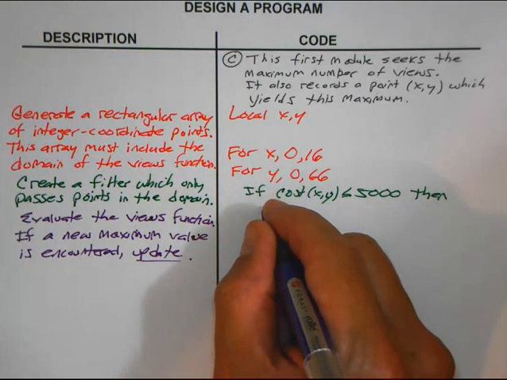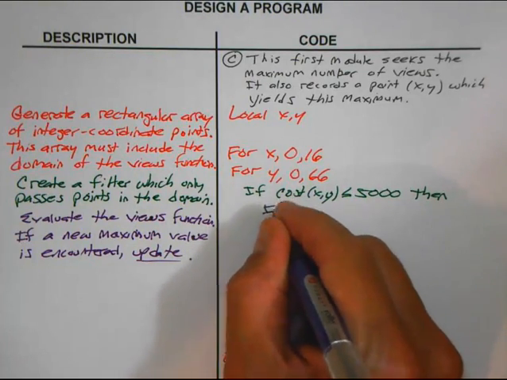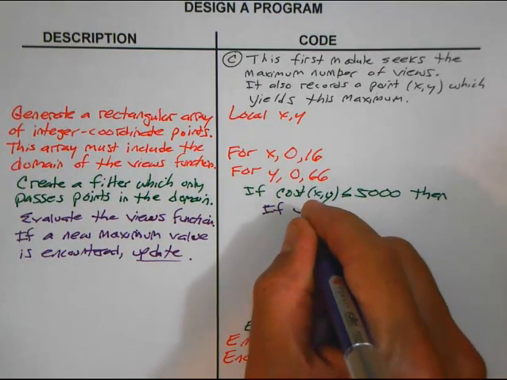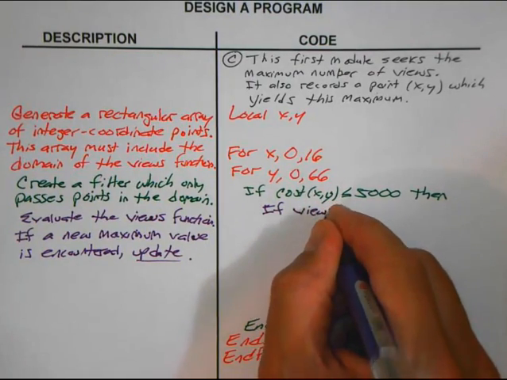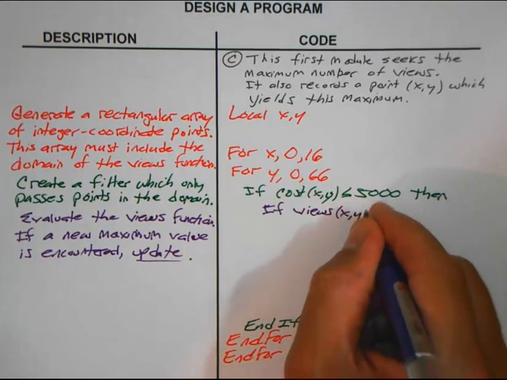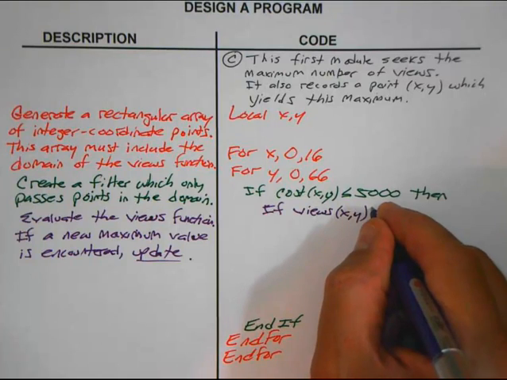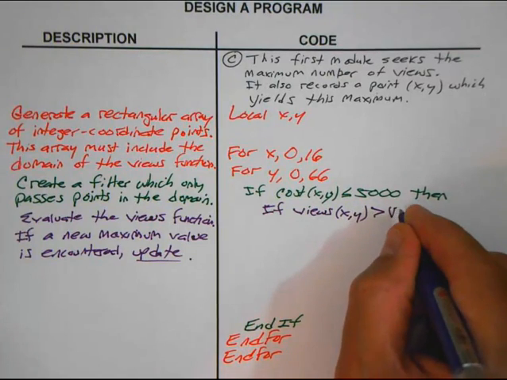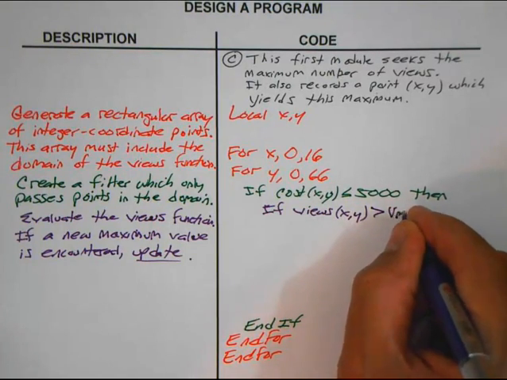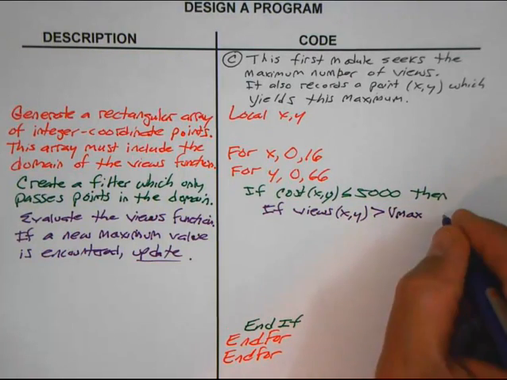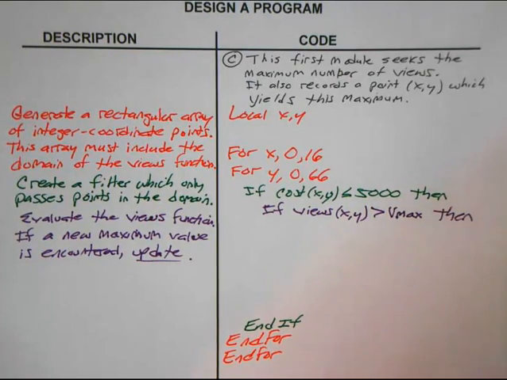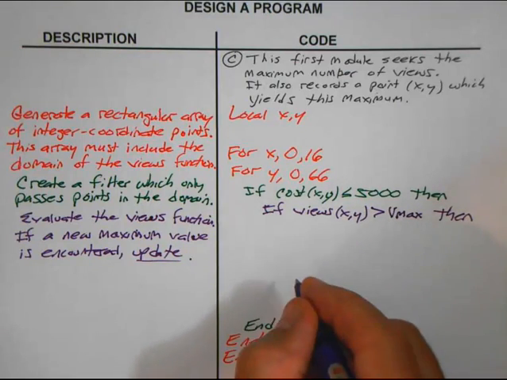We could say something like this: if views at x, y is greater than the current maximum, and let's keep the maximum value in a Vmax location, then we'll do some updating.